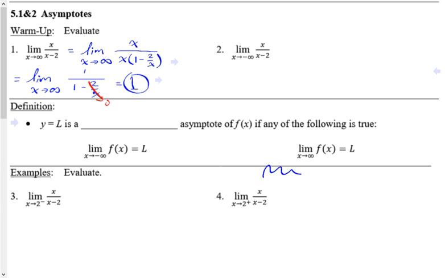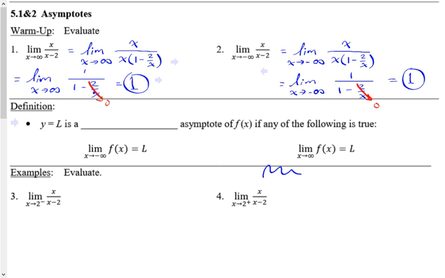Good. And as x approaches negative infinity, the result is exactly the same. Most of the functions that we'll look at will be like this. So we often won't do both the limit as x approaches negative infinity and as it approaches positive infinity. But, well, I'll say we won't often write them both down.